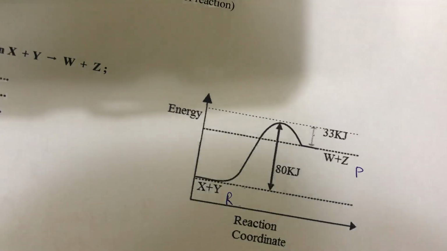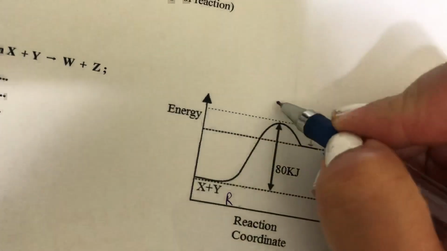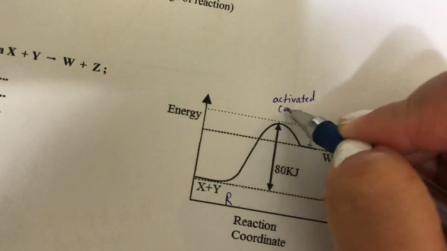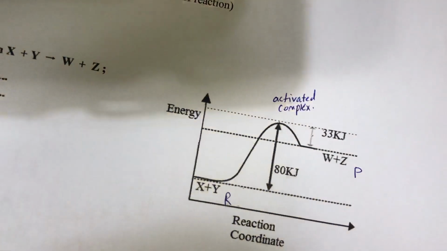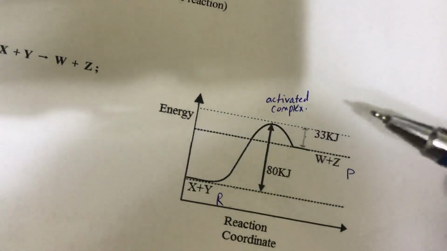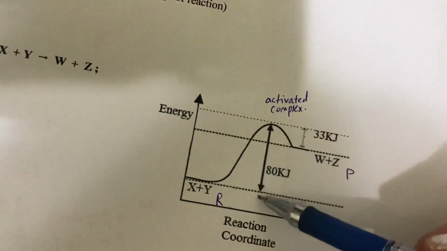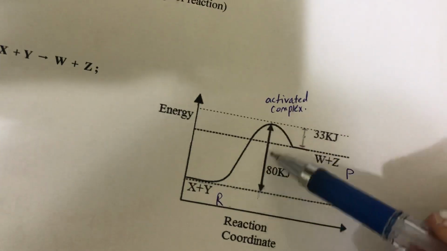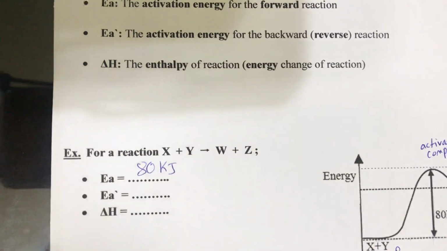So where is the activated complex in the diagram? At the top. So here, the activated complex. So what is the activation energy? The energy difference between reactant and activated complex, which is equal to 80 kilojoule.